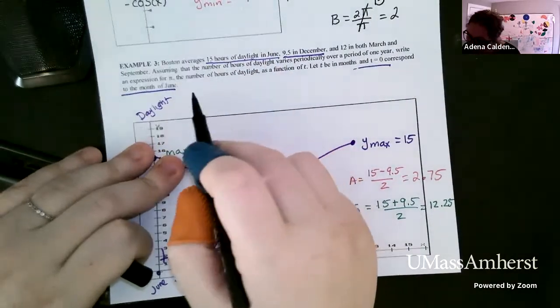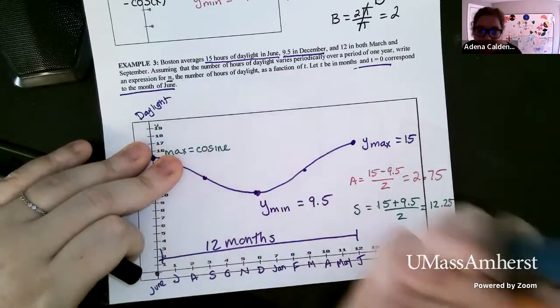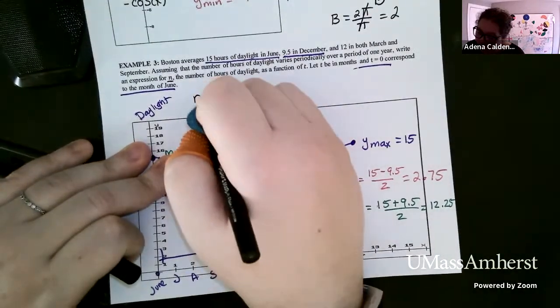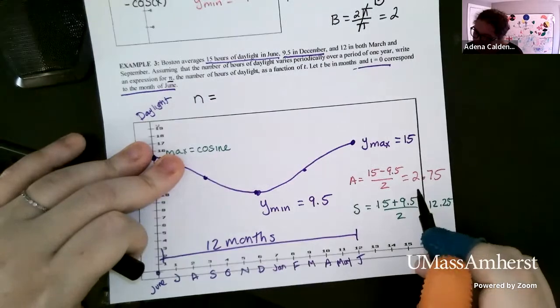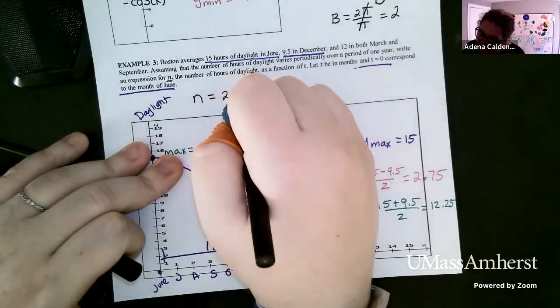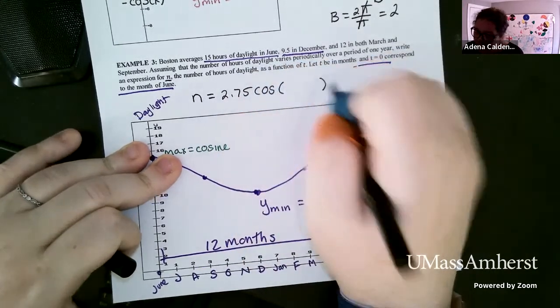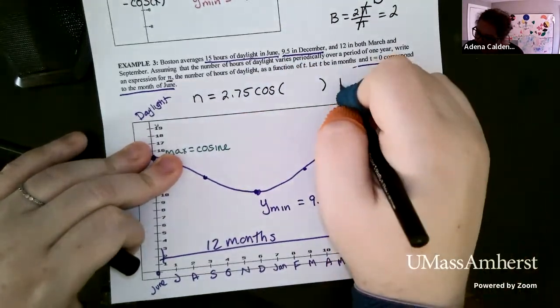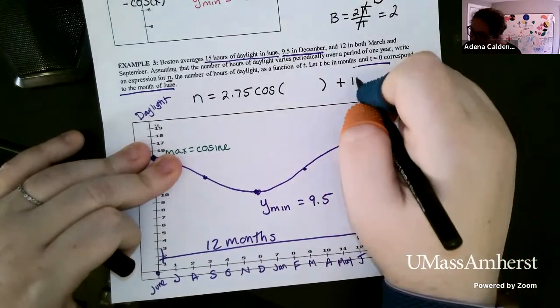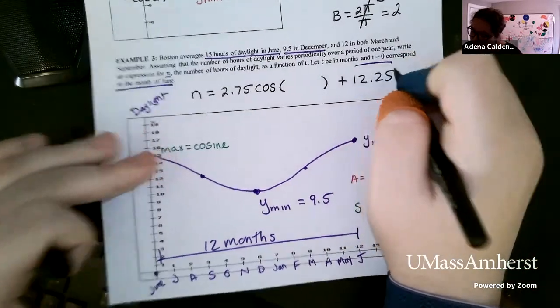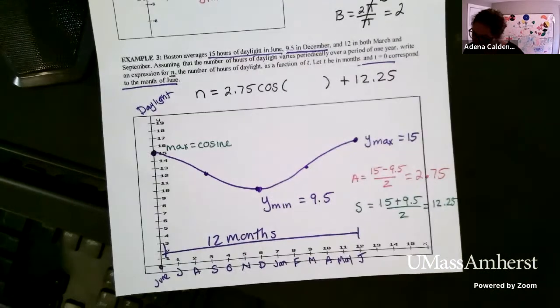So again, I'm not going to use y because it asked me to use an expression for n. So I have n equals, now my amplitude, so 2.75. I said this is cosine. I haven't done the period yet, plus 12.25. So the last piece I need to figure out is the period.